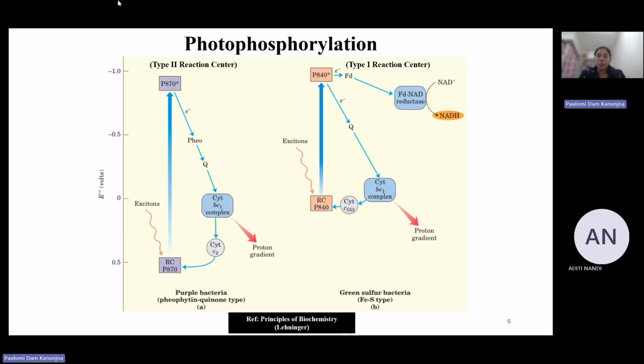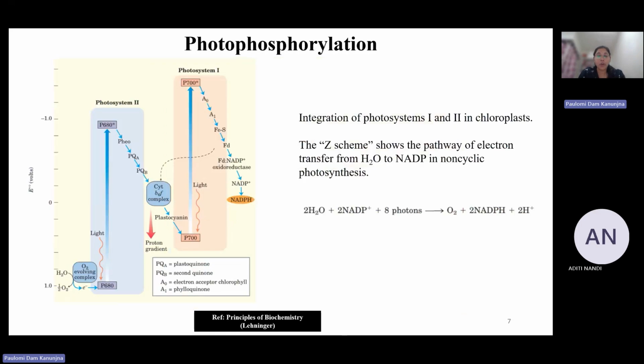But when you go to plants, you will see the first step is an oxygen evolving complex. This is the step where they give out oxygen. They are using the energy from solar radiation, via illumination, to split water to give oxygen.